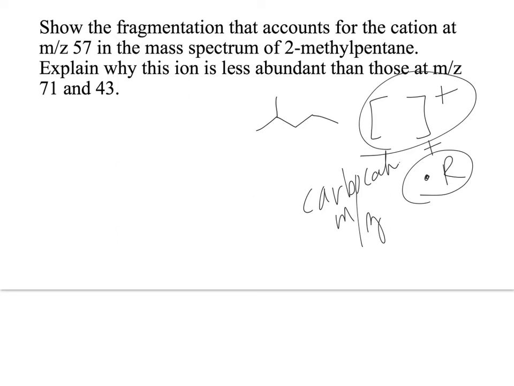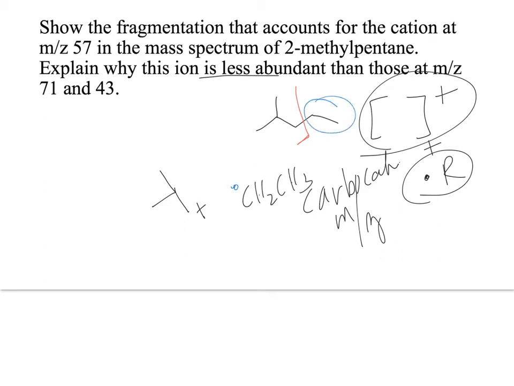So just like your more stable carbocations, that's going to be your more abundant. So explain why the M57 is less abundant than the 71 and the 43. Well, where is the M57? The M57 would be, if you broke it here, you would get that carbocation plus this radical.